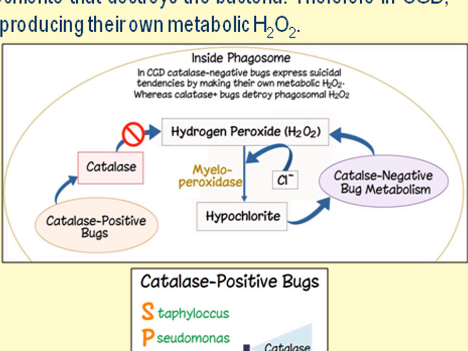In contrast, catalase positive bugs are able to produce catalase, and catalase degrades the neutrophilic hydrogen peroxide in addition to the hydrogen peroxide that catalase positive bugs produce because of their own metabolism.